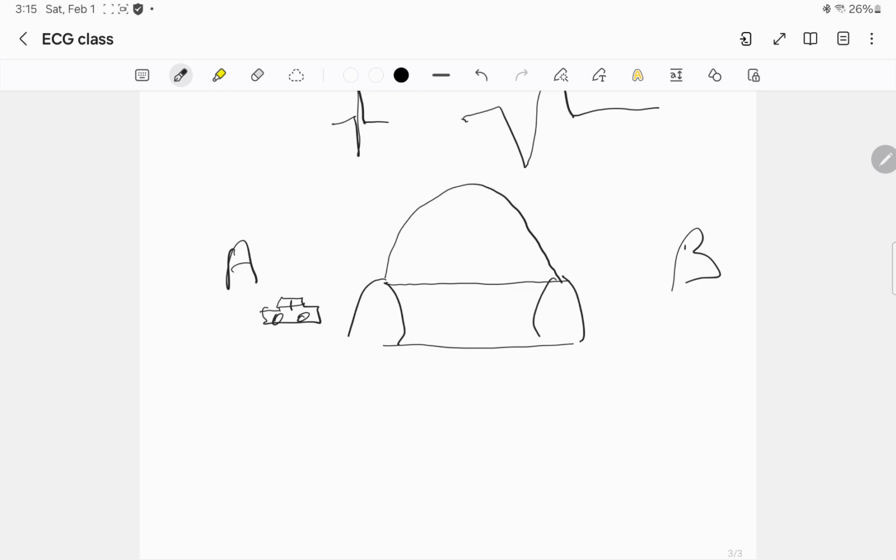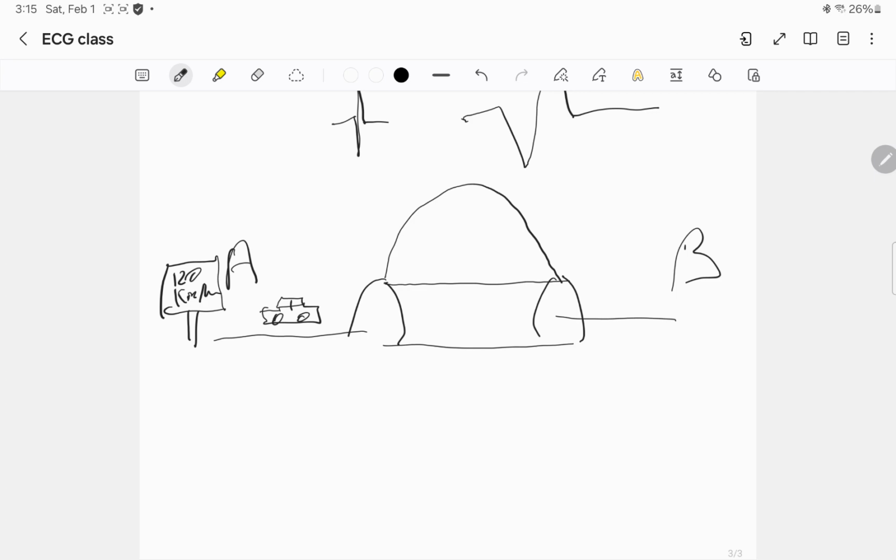And on this highway you can drive 120 km per hour. Cool. You're probably going to reach your destination pretty fast.